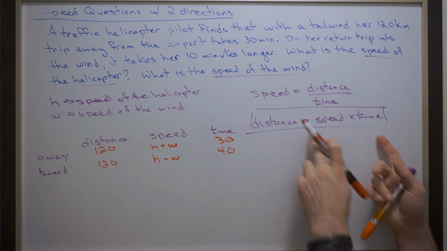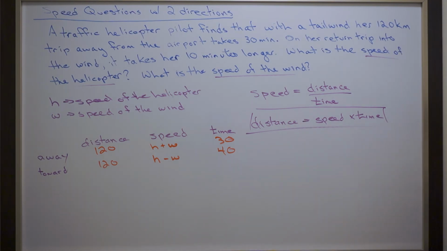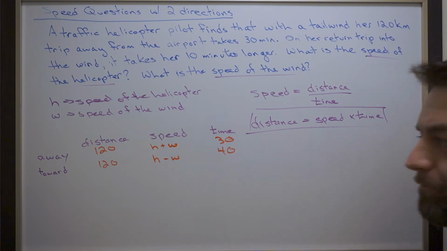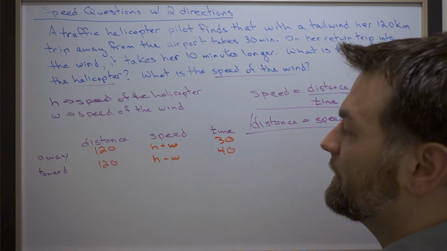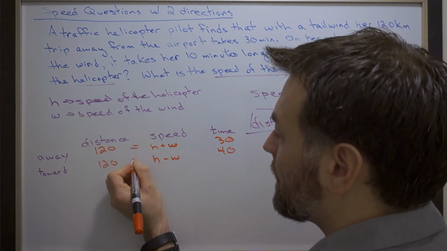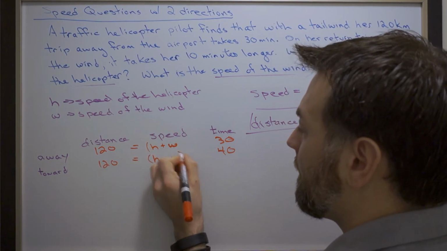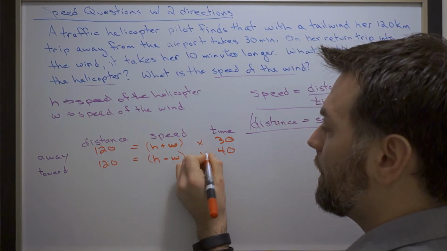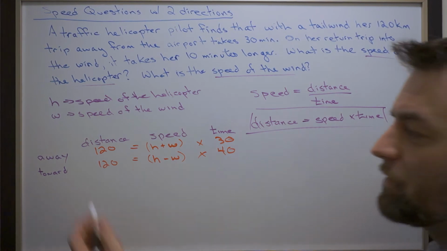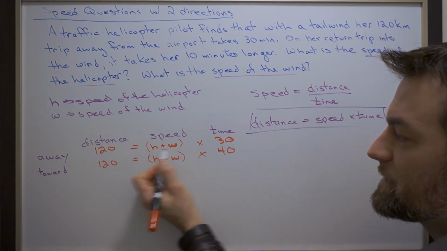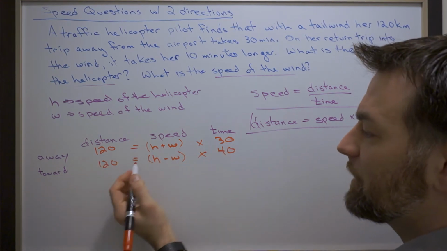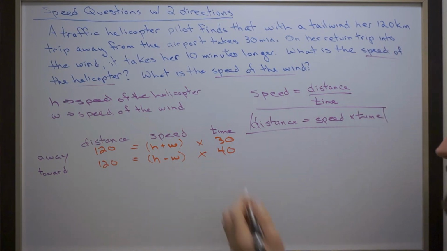So knowing that distance is equal to speed times time, we can translate that into an equation like that. Away from the airport, the distance equals the speed times the time. Going towards the airport, the distance equals the speed times the time.